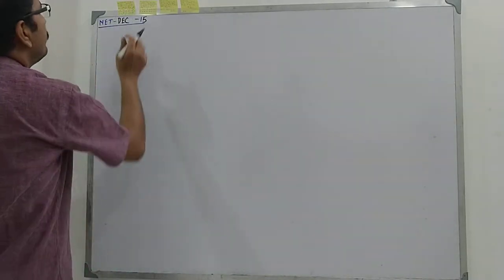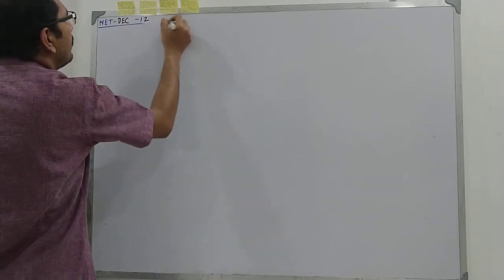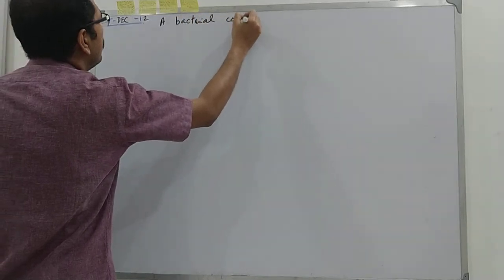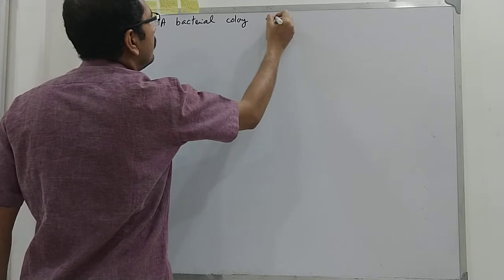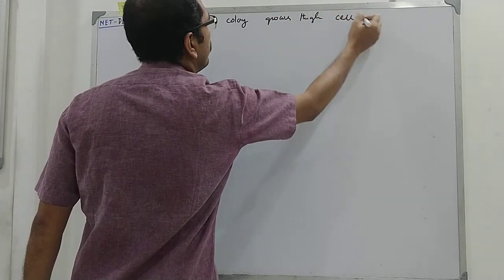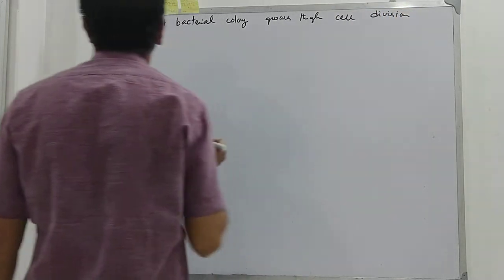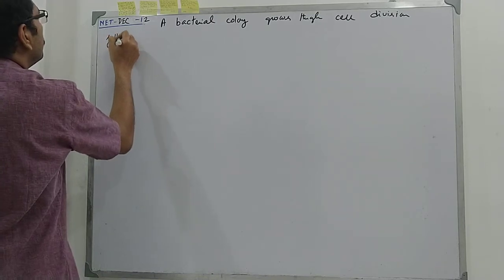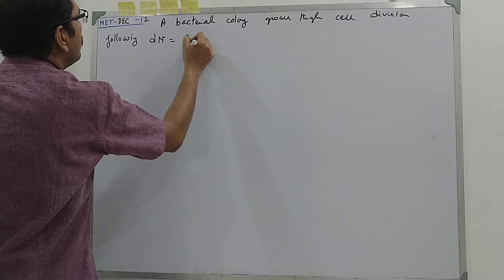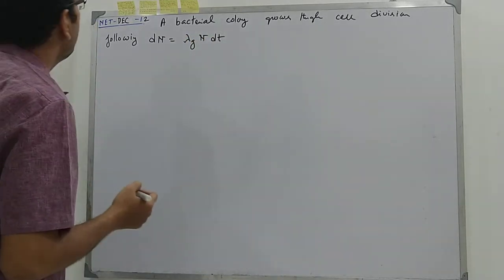Now the problem which came in NET December 2012. It says that a bacterial colony grows through cell division following the relation dN equals lambda g N dt.